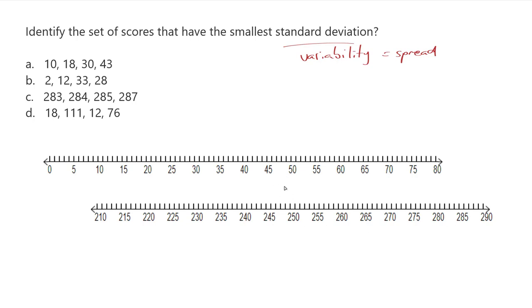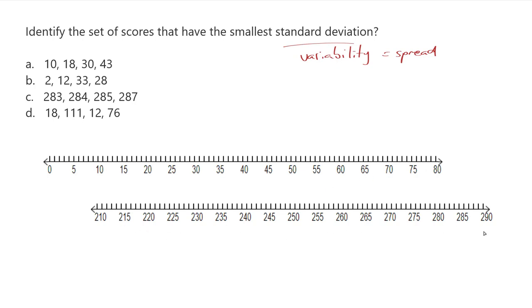I've got 2 number lines here because the values in A, B, and D will all fit within the first number line. For C, my values are much too high to fit, and I didn't want one enormous number line that went up to 300, because it would be so tightly packed you wouldn't be able to see what's going on. So with the same scale, I just created a second number line.